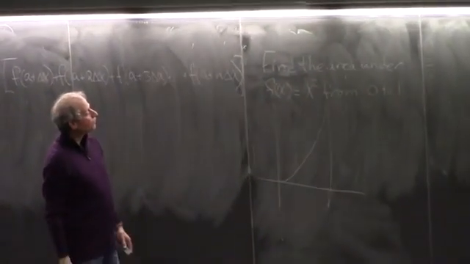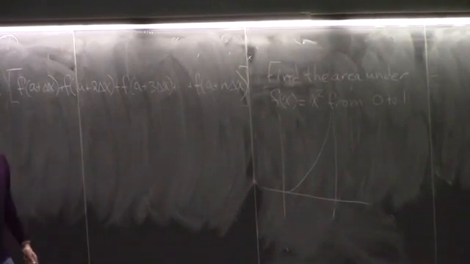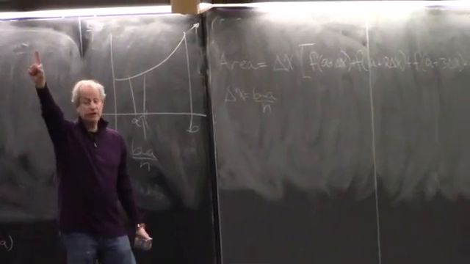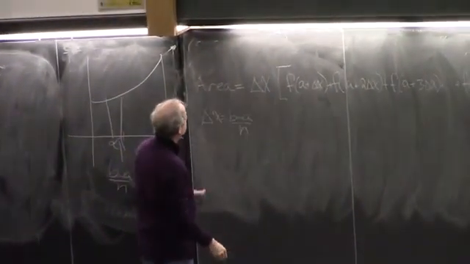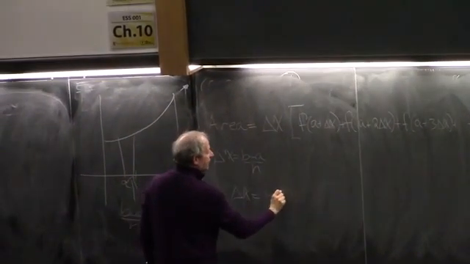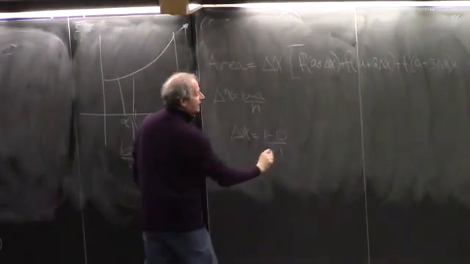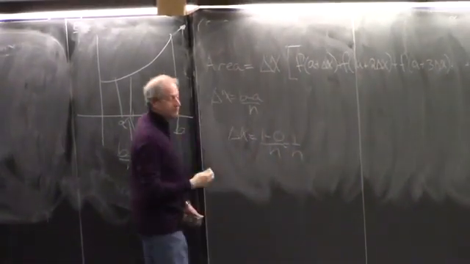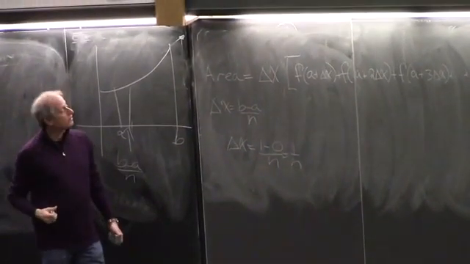Okay? So I need two things. I need to know how wide is each rectangle. Well, how far is it from 0 to 1? 1. Okay? So delta x equals 1 minus 0 over n, which is just 1 over n. Okay?